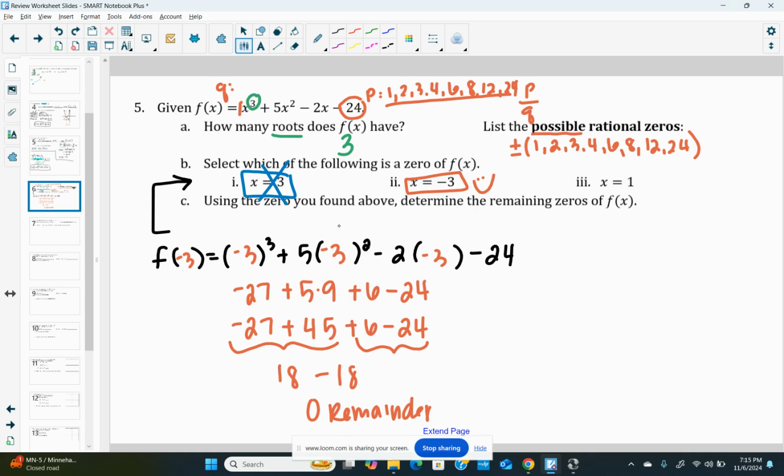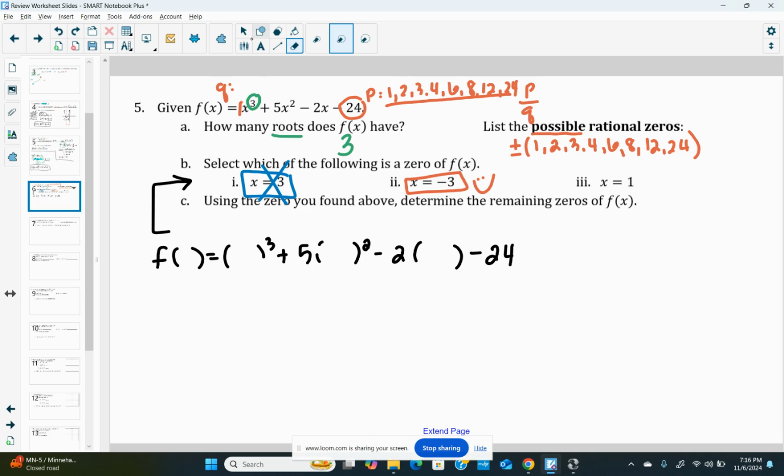And then we can plug in 1, but it appears that this question is saying that only one of these is going to be an actual 0. So we've probably found it. But we can plug it in anyways, just to make sure.